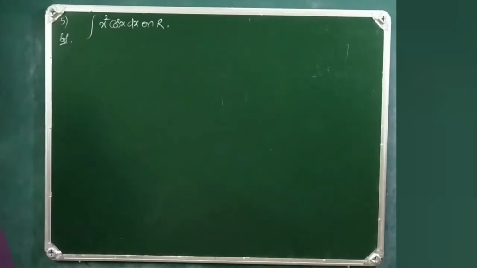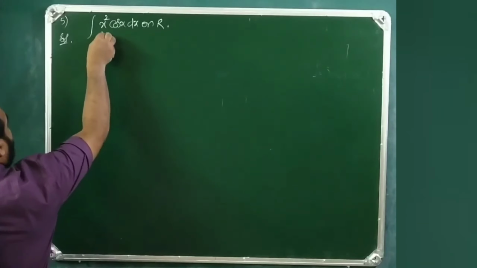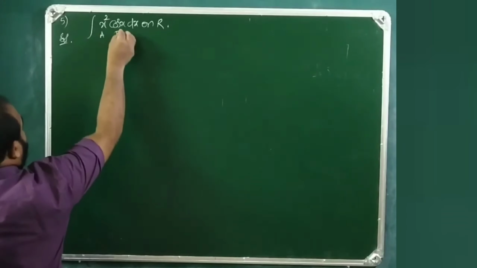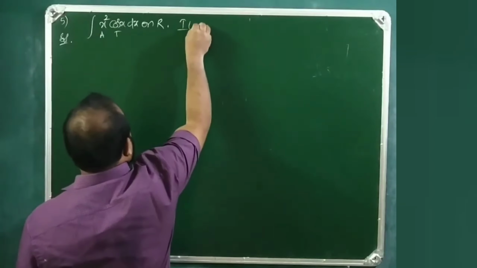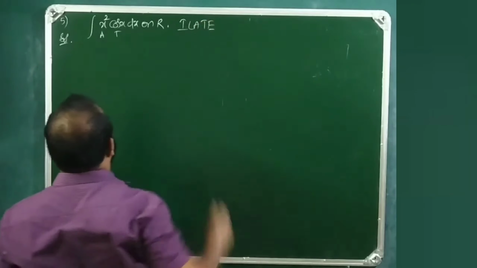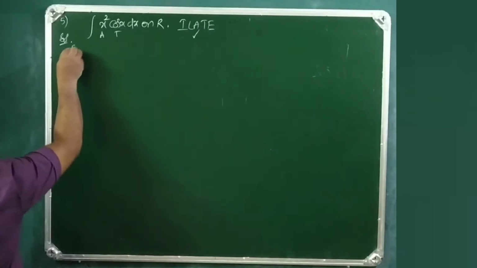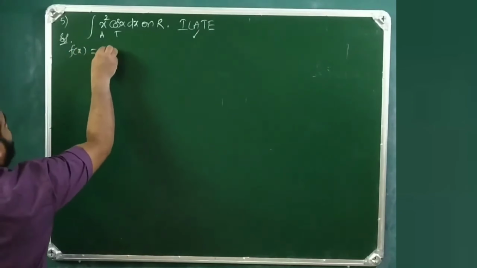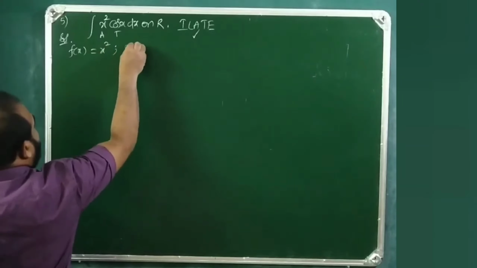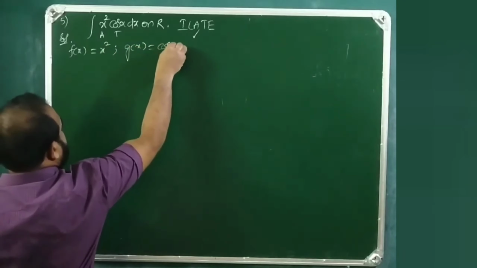Integral of x square cos x dx on R. So here x square is an algebraic function, cos x is a trigonometric function. In ILATE, A comes first. So f of x here is x square while g of x is equal to cos x.